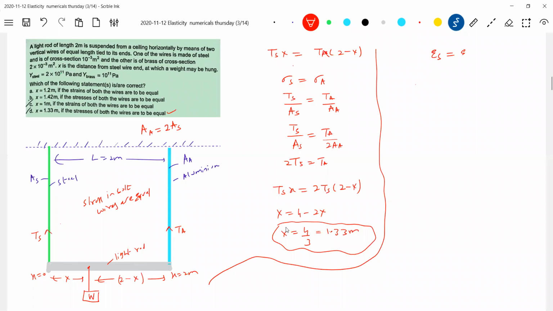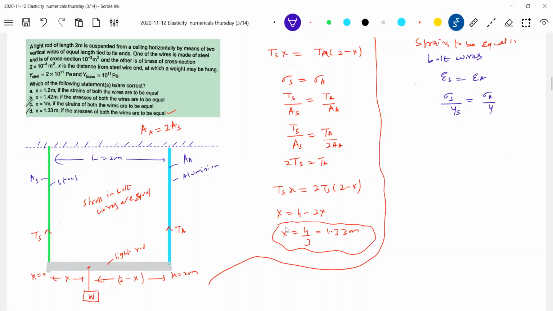Strains to be equal in both wires. So shall we put it like this? This is the equation. How do you define strain? Strain is stress by Young's modulus.